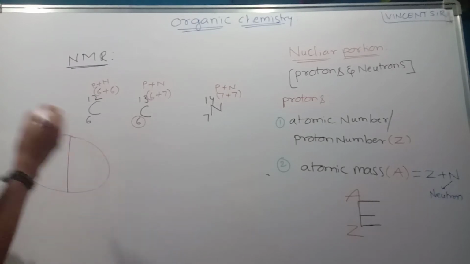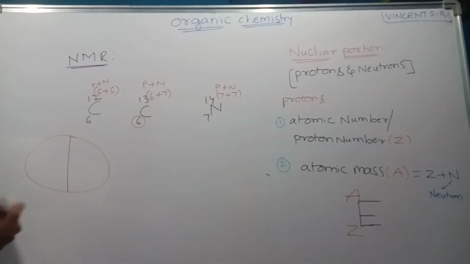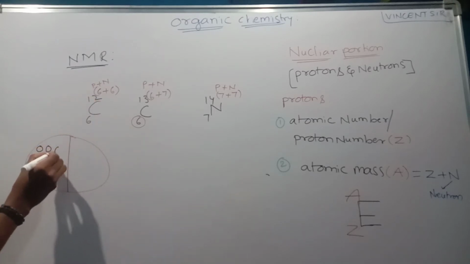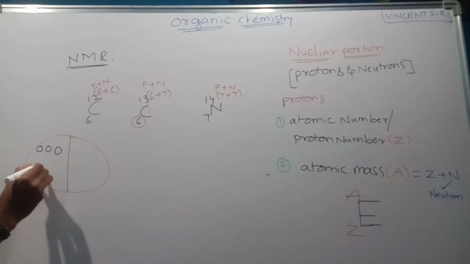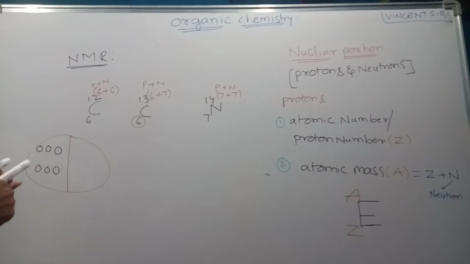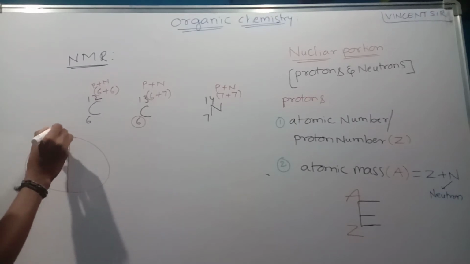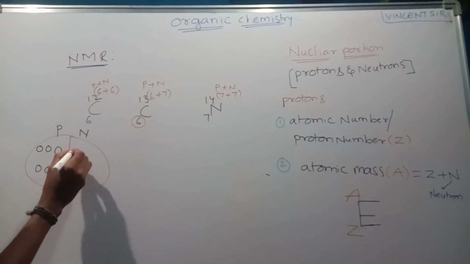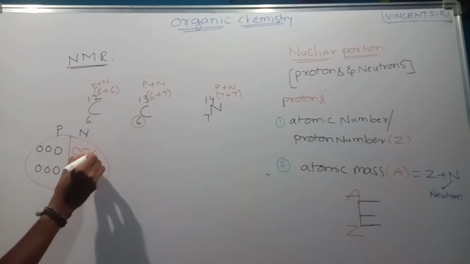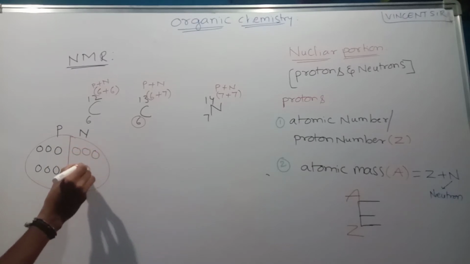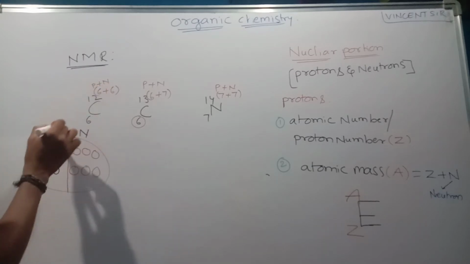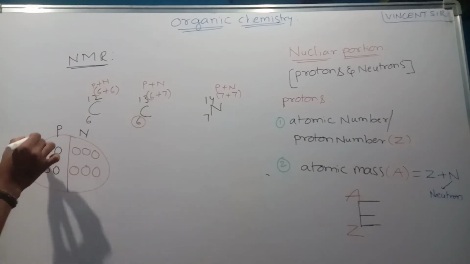Then this is the nuclear portion. I have considered the 6 protons like this: this is the proton portion and this is the neutron portion. The number of protons is 6 and the number of neutrons is 6.